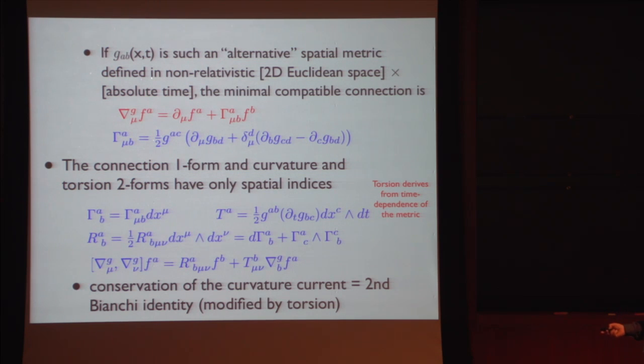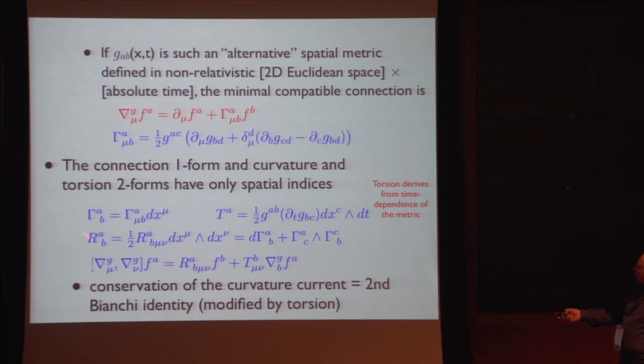And then you get the whole thing, you get some slight differences. Interestingly, this is a connection which ends up having torsion, because the torsion is related to the time dependence of the metric. So we have a connection one-form, a torsion two-form, etc., and the curvature form.